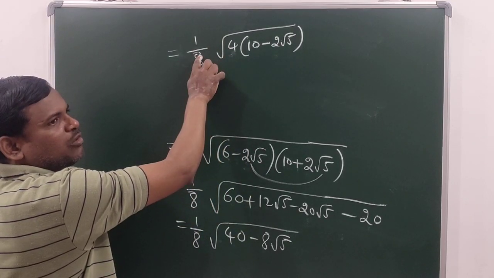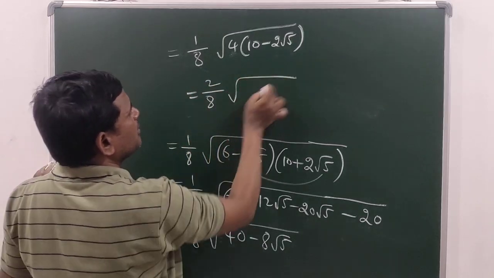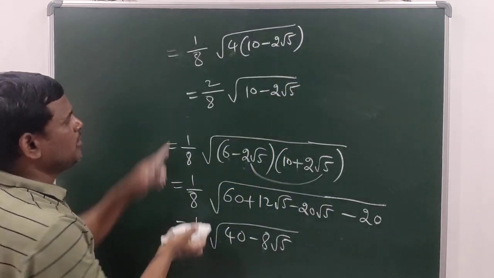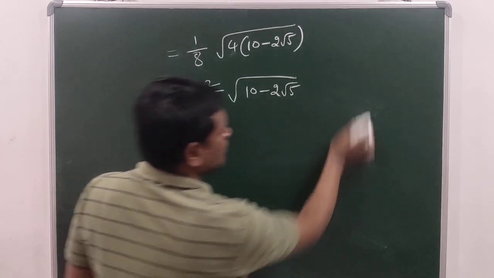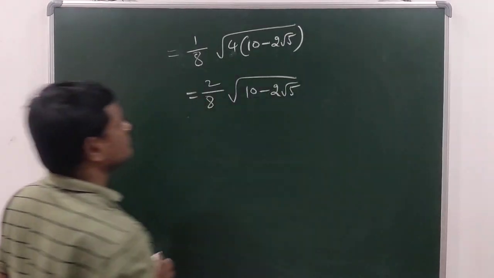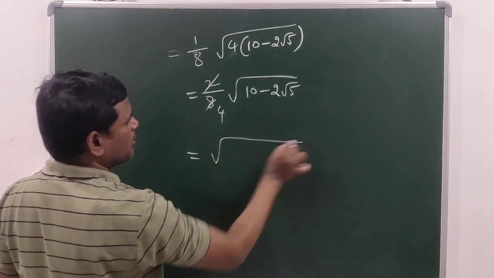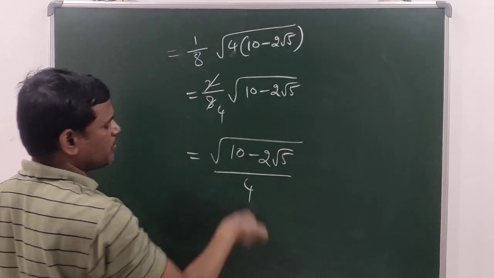While it is coming outside, it will come as 2 by 8. You know that. So what is left inside the square root? 10 minus 2 root 5. Now go for simplification. 2 1s are 2, 2 4s are 8. Now square root of 10 minus 2 root 5 by 4.